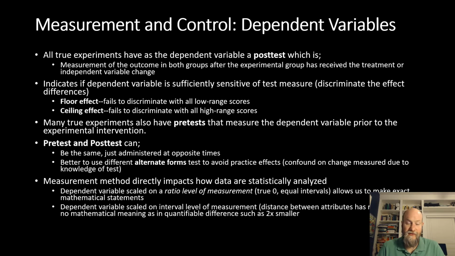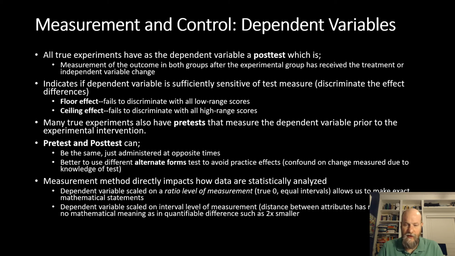So that's an example of a poor measurement tool because it sort of lumps everyone together. Perhaps the test is too hard, for example. And then you have ceiling effects, which fail to discriminate with all high range scores, which is the test is too easy, essentially. So we have to consider the characteristics of our measurement of the dependent variable. In a sense, how are we operationalizing the concept that we think is the proposed effect in this relationship?